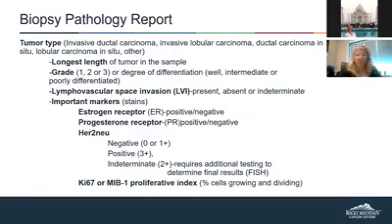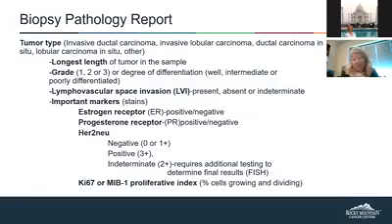And then very importantly, we get really critical information about the receptors in the breast biopsy. So I'll go over these in a minute in more detail, but we're specifically looking at estrogen receptors, progesterone receptors, and what we call HER2 receptors.